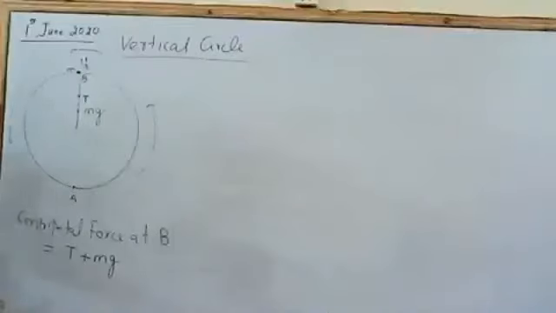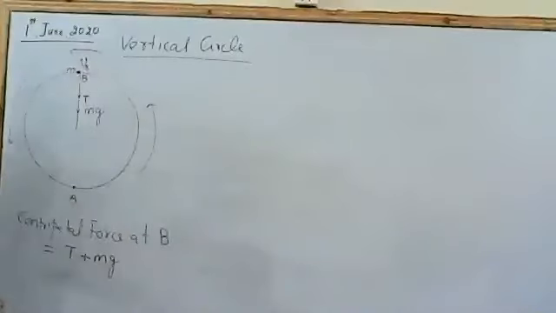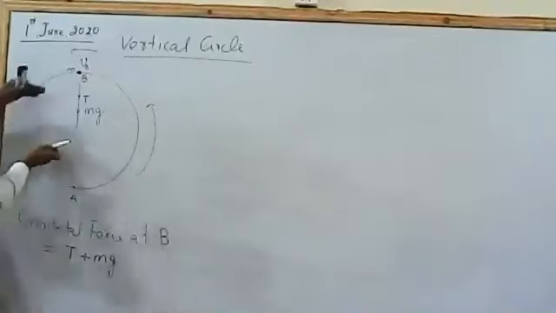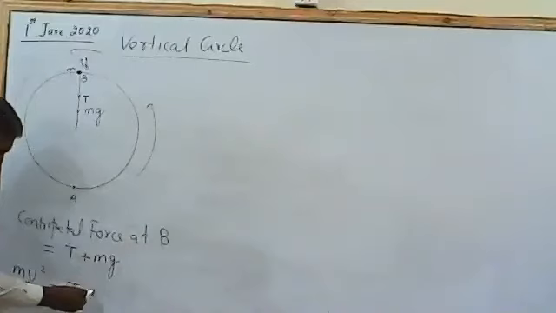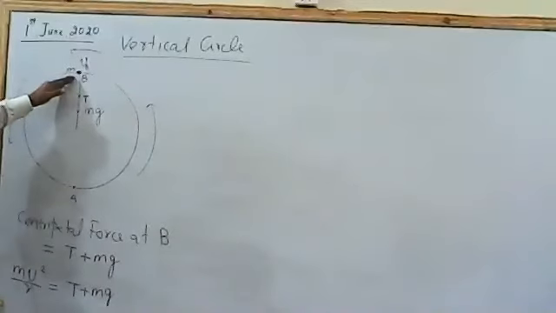This simply means if I know the object is moving at a speed VB here and it has mass m and the radius is r, I can write m v square over r equal to T plus mg. This is the situation when the object is at the top of the vertical circle.